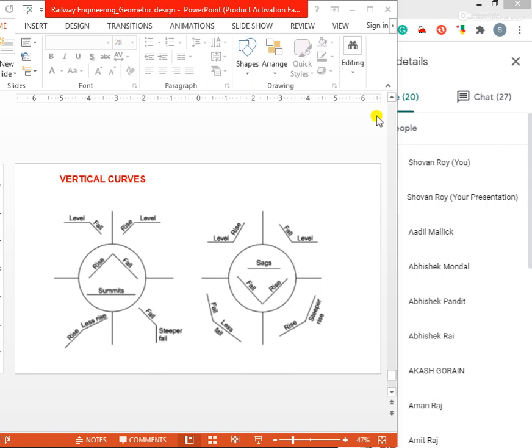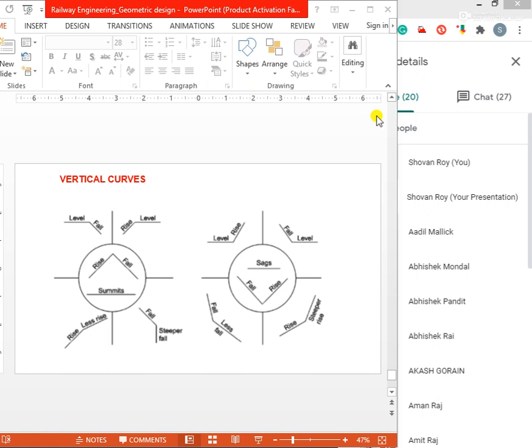Till now we were discussing horizontal curves. Now this is vertical curve, so the calculation of radius and length will be changed, and we'll see one problem for how to calculate it numerically.